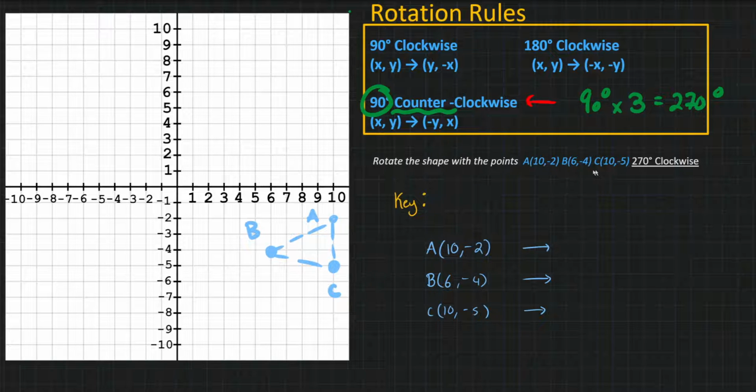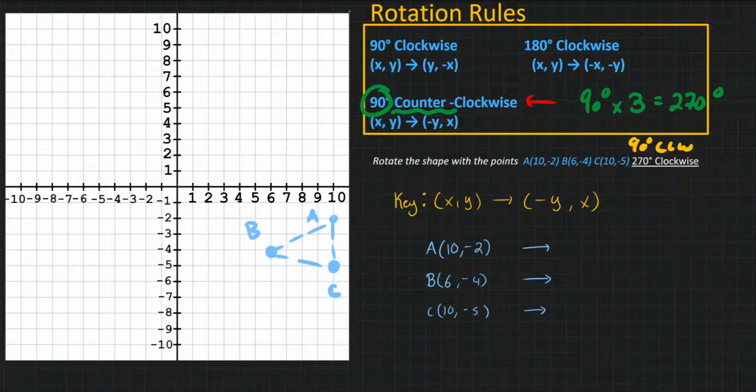Now we're going to rotate it 270 clockwise. Well, to do it 270 clockwise, we'll just use the opposite counterclockwise, and its 90 degree variant. So we'll use this one. The key is x, y, change to -y, x. So take the point, swap the spots, and flip the first term.